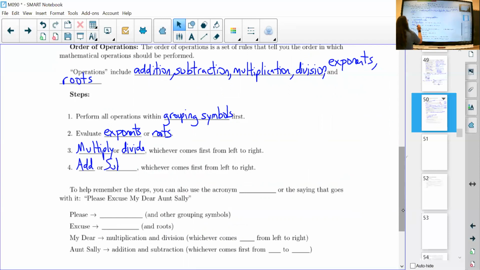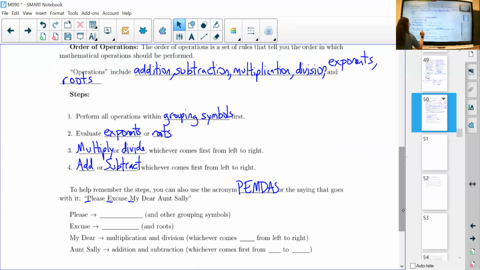So it's kind of the reverse order from how they were learned. Grouping symbols, then the exponents or roots, then multiply or divide, then add or subtract. And just like multiplying and dividing, adding and subtracting, we're going to do whichever comes first from left to right. So we don't do all the addition and then all the subtraction or the other way around. To help you remember, you can use PEMDAS or please excuse my dear Aunt Sally.